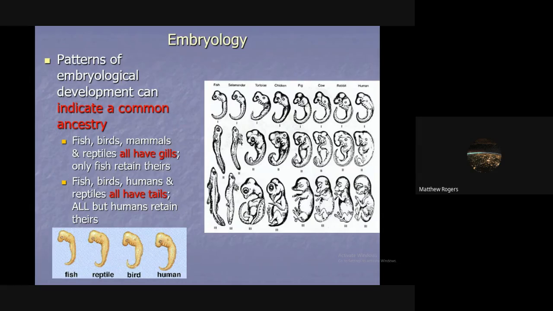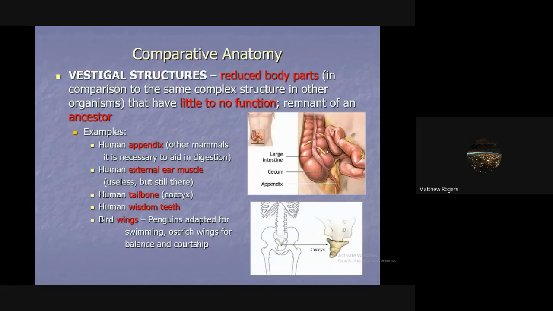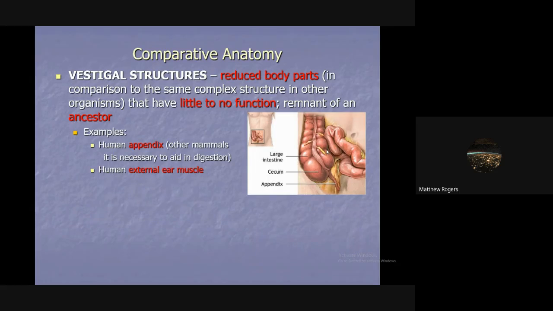Embryology, we're taking a look at how our embryo looks and how they develop compared to other living organisms. Comparative anatomy, we're taking a look at how we're structured and how they're similar or different from other living things. And then vestigial is looking at, okay, what do we have now that makes no sense to have, but what was it connected to back in past ancestors? That's vestigial.